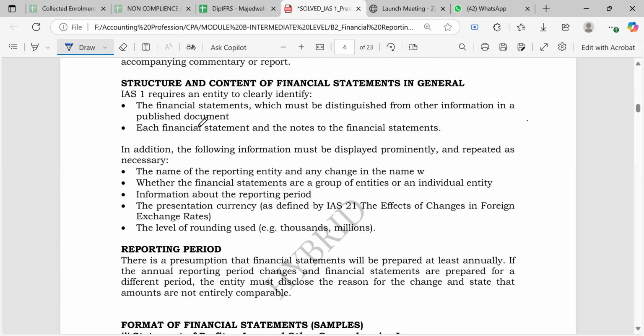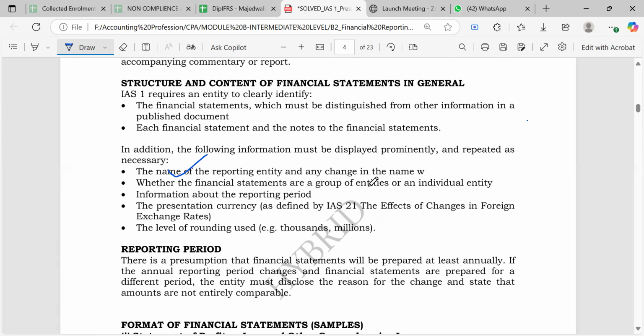But in addition, you have to do the following. You have to specify the name of the reporting entity and any change in the name. Maybe if it's ABC, you could say ABC Limited, and then you say statement of financial position as at a certain year. So you also have to specify the year. You must specify whether the financial statements are of a group of entities or an individual entity.